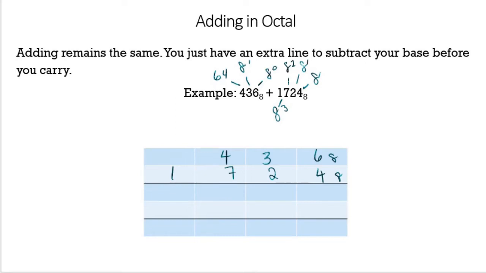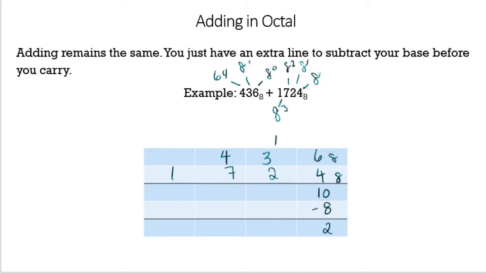Of course, you can only add two numbers that are in the same system. All right, 6 plus 4 is still 10, but in octal, we can't count past 7. As soon as we hit 8, we move to the next place value. So here we're going to subtract 8. So we have 2 left over, and we carry a 1 over to the next place value.